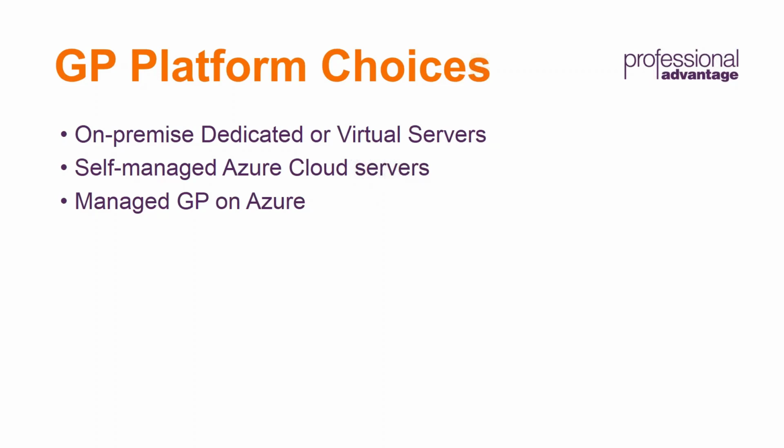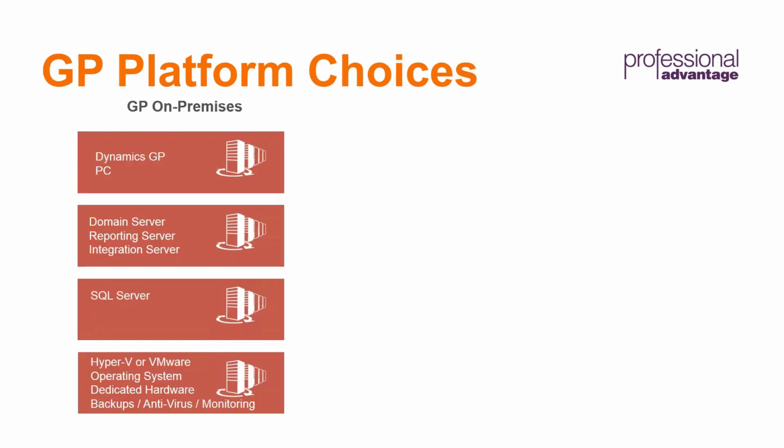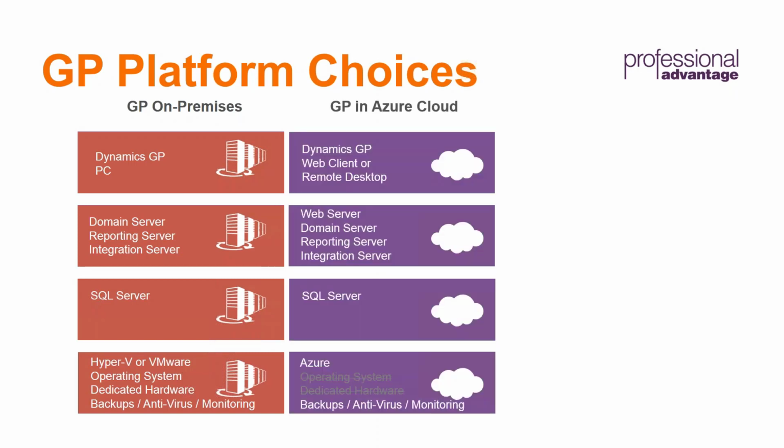So what is the difference between the two? The GP on-premise deployment you may have at the moment means you have deployments of your different servers, whether virtualized or otherwise, and you keep that as is. Or you could go to Azure in the cloud, so you can have your SQL Server in the cloud, your GP servers, application servers, web servers, all in the cloud, right through to your backups and so forth.